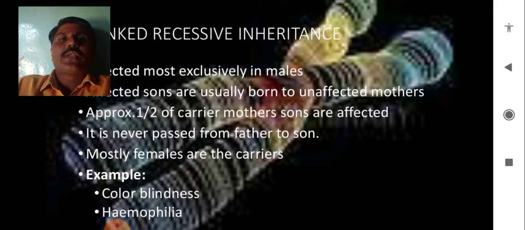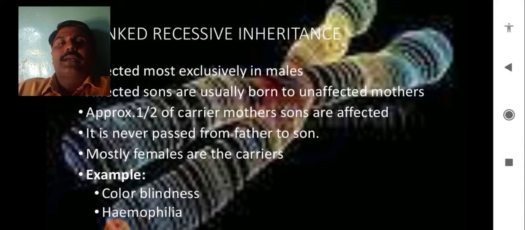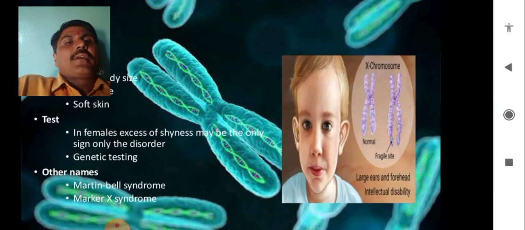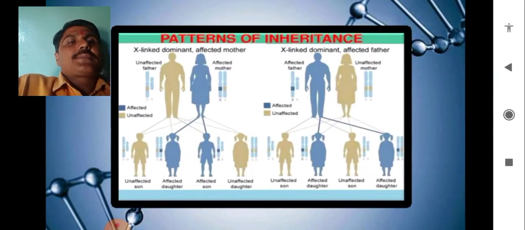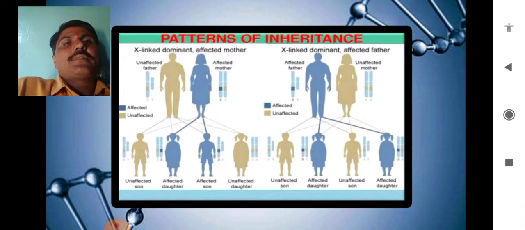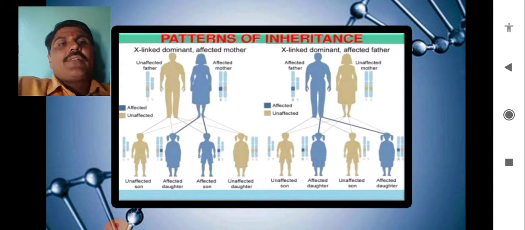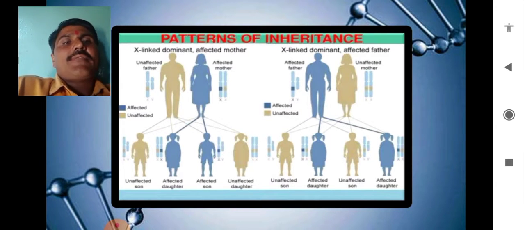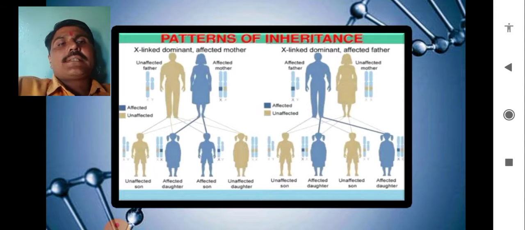Well, friends, we saw that when the father is affected, most of the time the daughters are affected, whereas when the mother is affected, one son and one daughter will be affected. So in this case, with X-linked dominant inheritance and an affected mother, the progeny will have one son and one daughter affected, which means the ratio is maintained at 50 to 50.